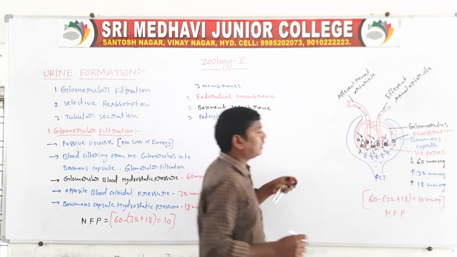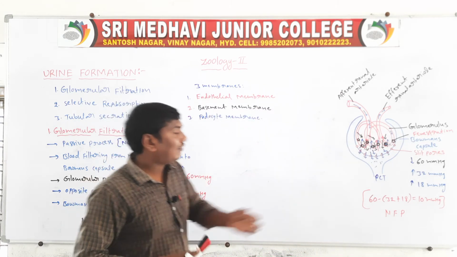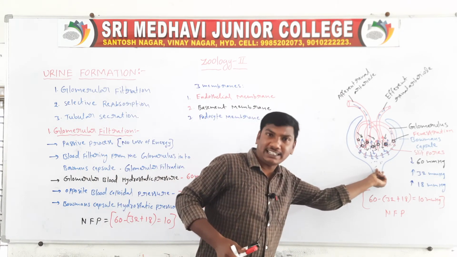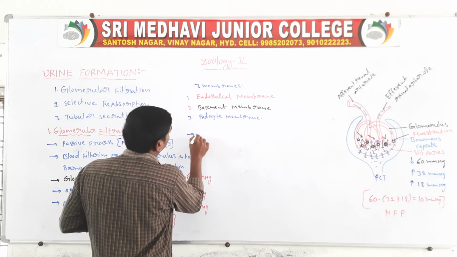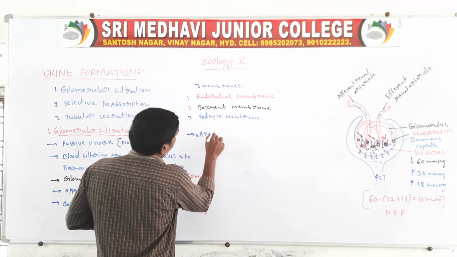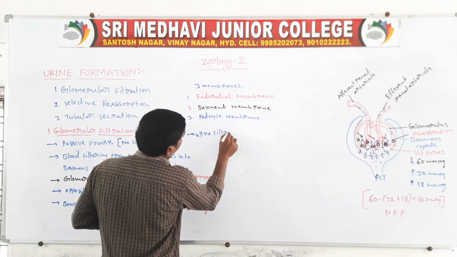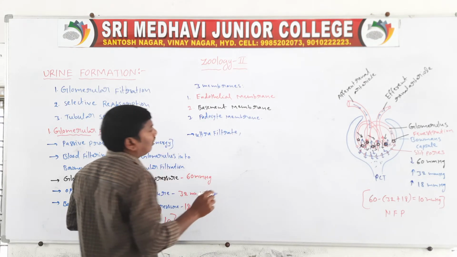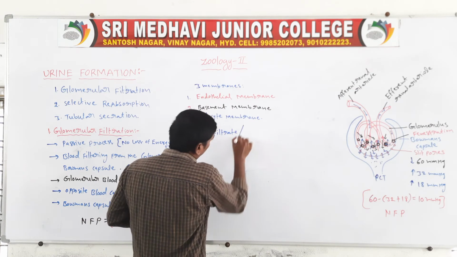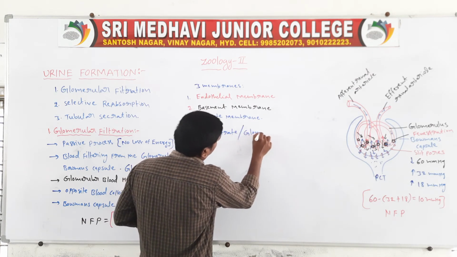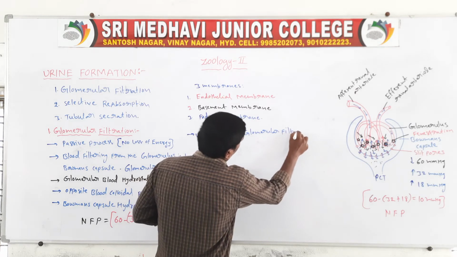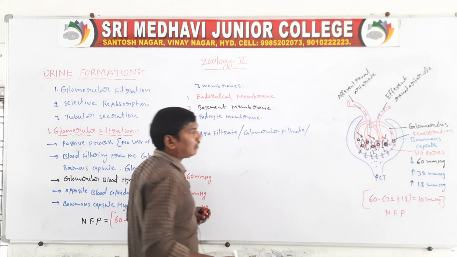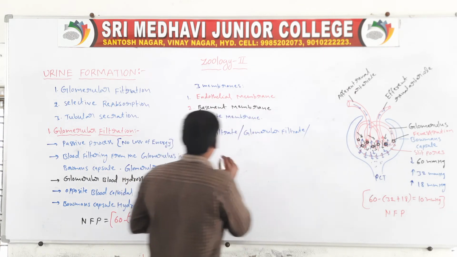This filtered fluid is called ultrafiltrate, or glomerular filtrate, or primary urine.